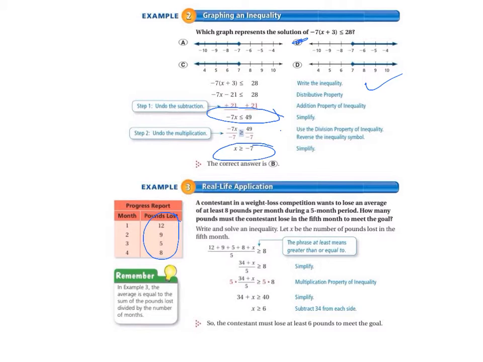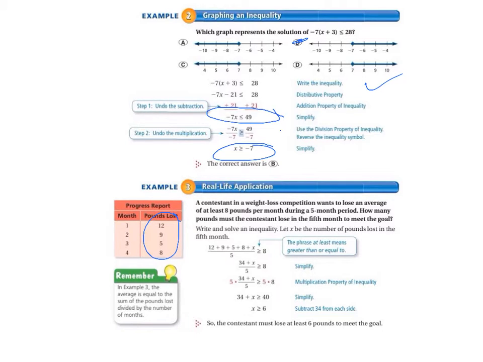And that's 12 plus 9 plus 5 plus 8 plus x, where x is the number of pounds they're going to lose in month 5. And that's divided by 5. So that would give us an average. And we want that to be greater than or equal to 8. So when we add that all up, we've got 34 plus x divided by 5 is greater than or equal to 8.